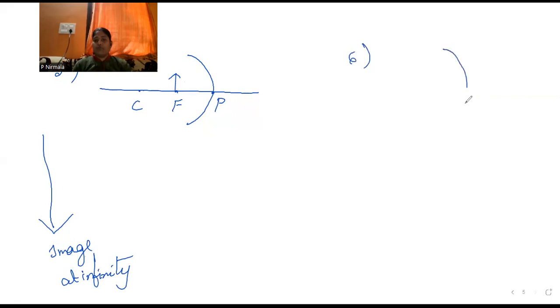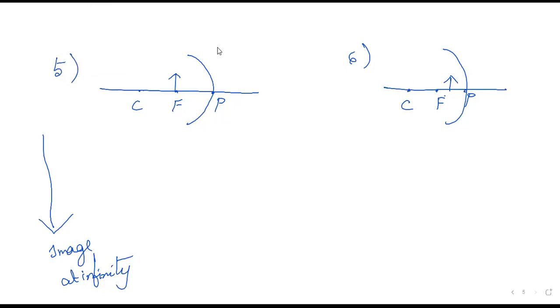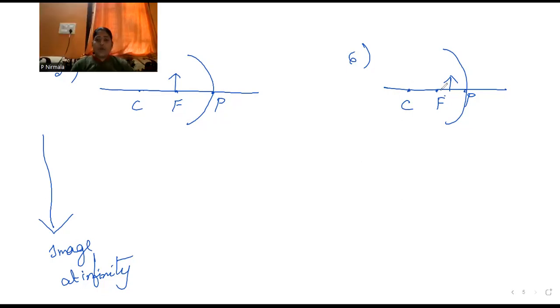Sixth case. Now you have the rest of only one case, between focus and the pole. Only in this case is the image forming behind the mirror, and it is virtual and erect.